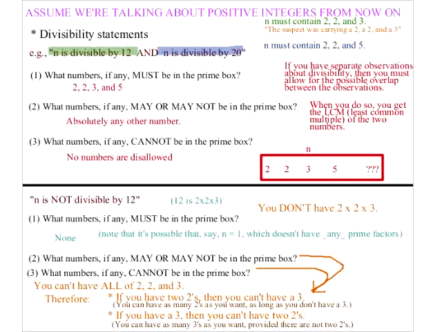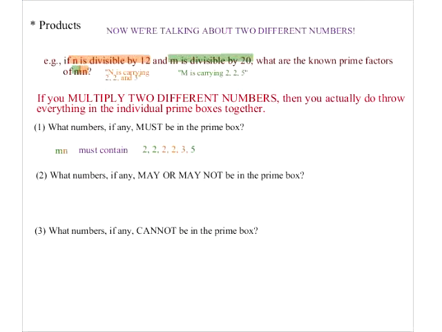In this case, you had a different eyewitness saying the same suspect, the same person, was carrying a 2 and a 5. So in this case, these could overlap. These could be the same 2s, so you cannot say there are more than 2 2s. In this case, though, you've got 2 different people carrying these things, so they're different. So they all go into the prime box together. These are just straight up statements about divisibility, so the other 2 questions work the same way.